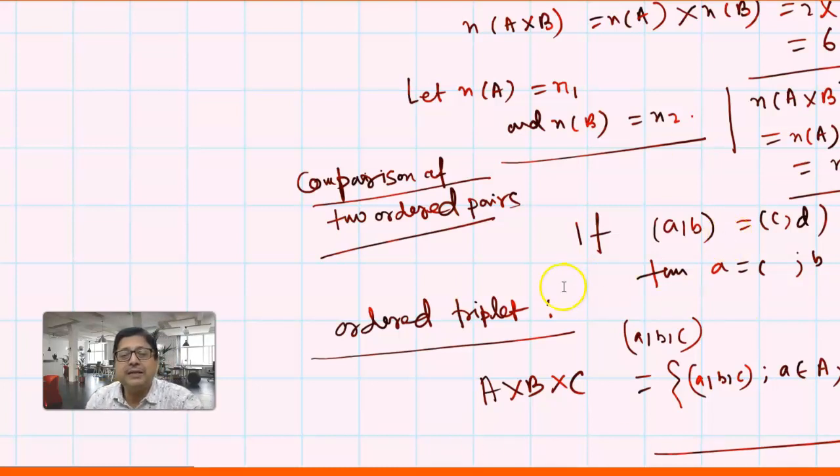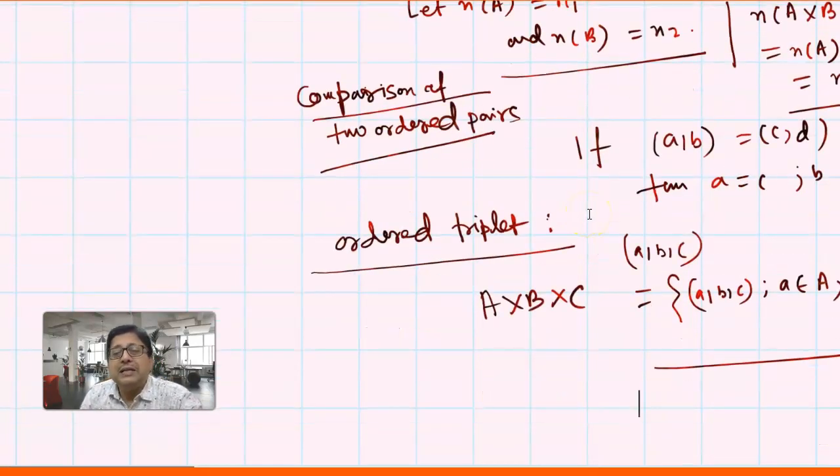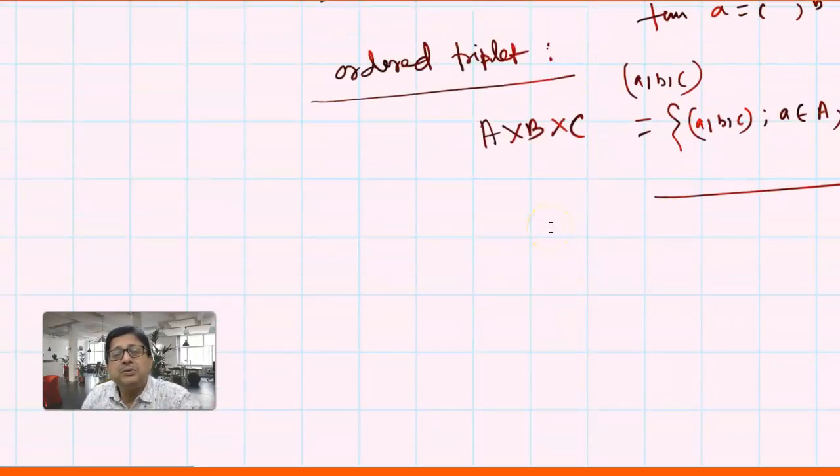Another thing I would like to discuss with you is what a relation from set A to set B is. Relation is also a correspondence. A relation can also be termed as a correspondence between elements of two sets.